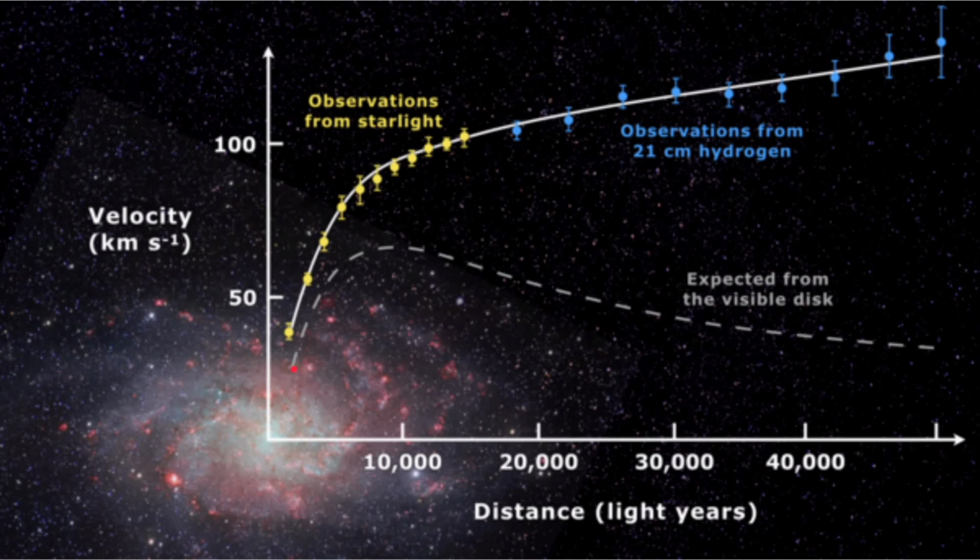Here we can see that the graph actually peaks at about 10,000 light years. Then it slowly starts to dip. So this means that most of the stars in that galaxy are present 10,000 light years away from the center of the galaxy. When a galaxy is rotating, there are mainly two forces acting on it.